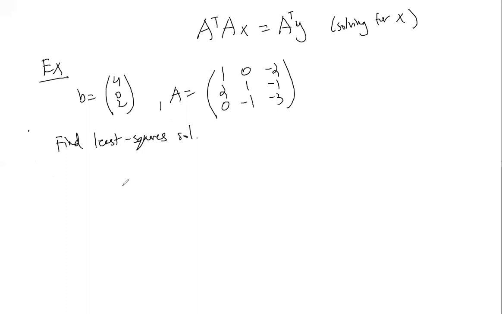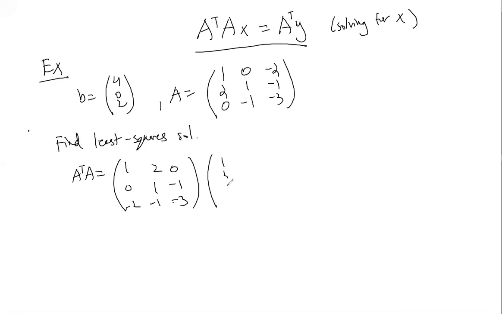Okay, it's fairly straightforward. We have all the answers we need. We just solve the normal equations. So let's compute A transpose A, which is a little annoying, but we do it. You notice that when you compute this, the first entry in the top left is just a dot product.